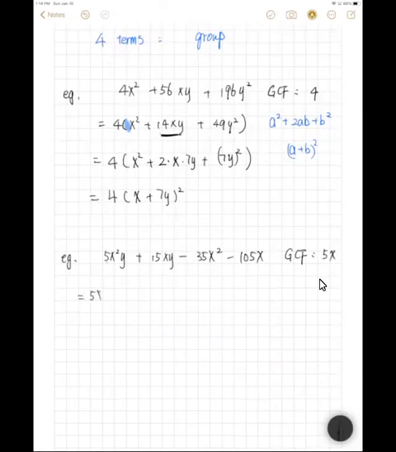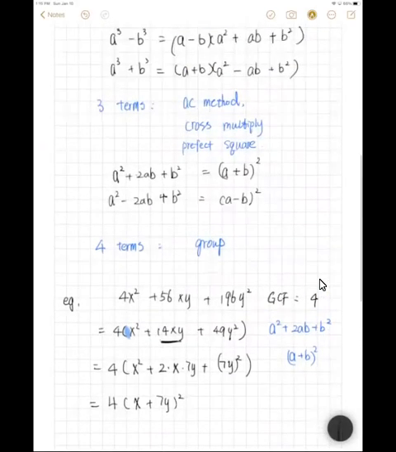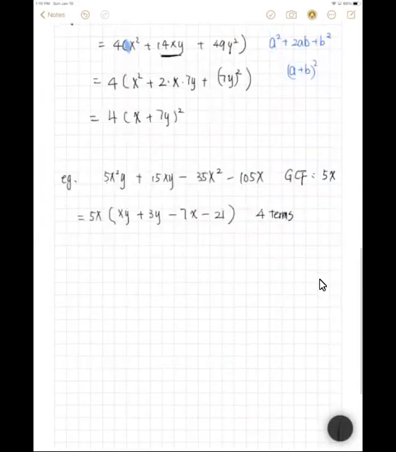So I factor out the 5x, and what remains is xy plus 3y minus 7x minus 21. And then since this is four terms, we use the grouping method.